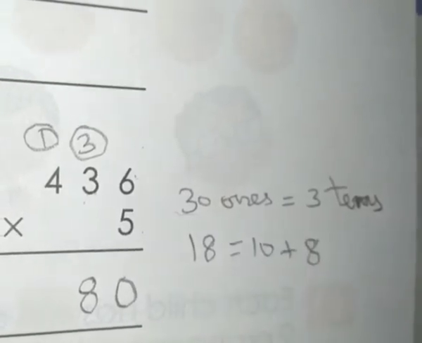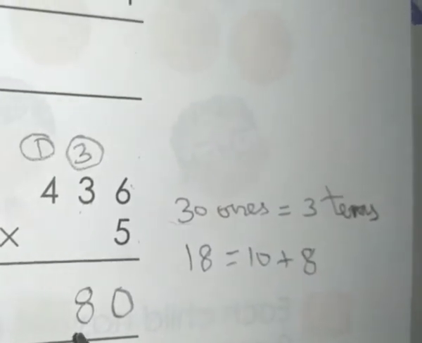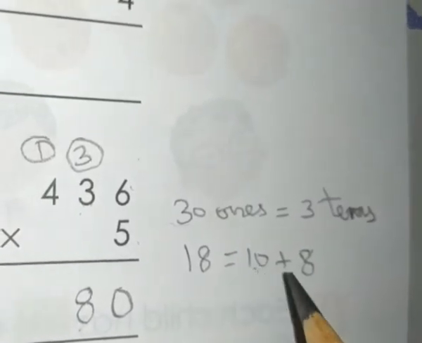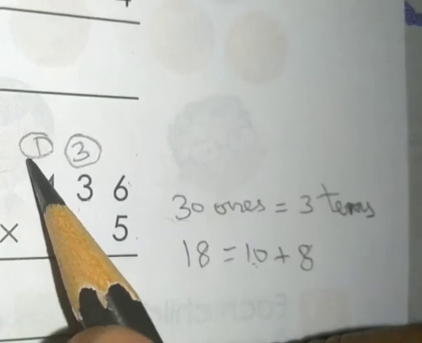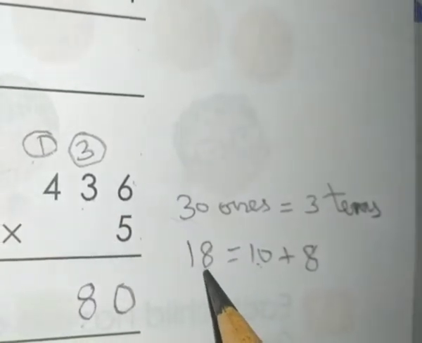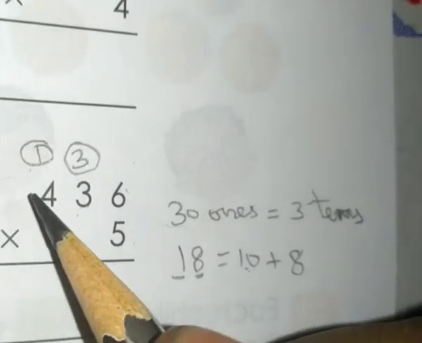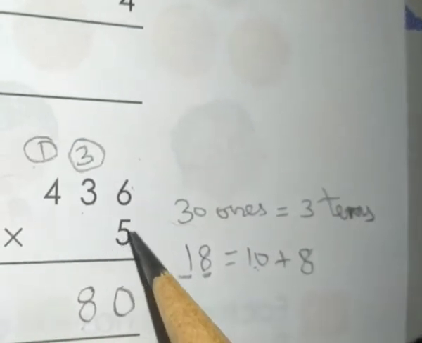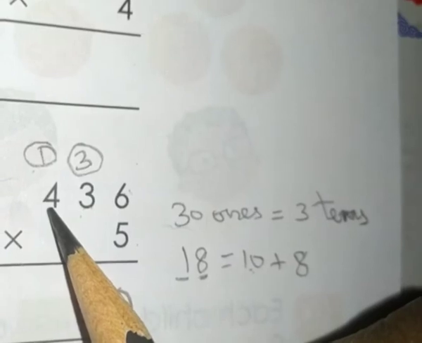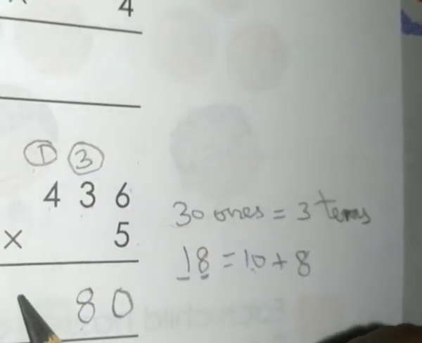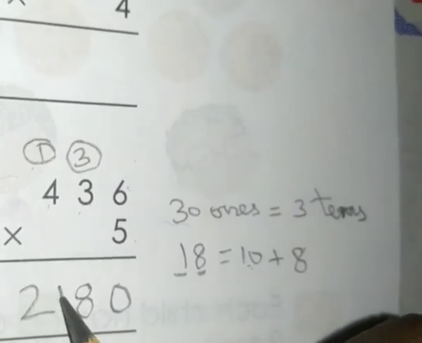So you write 8 tens in tens place, and 10 tens will be carried over to hundreds place as 100. Now multiply hundreds place values. 5 fours are 20. 20 plus 1, 21. So you got the answer.